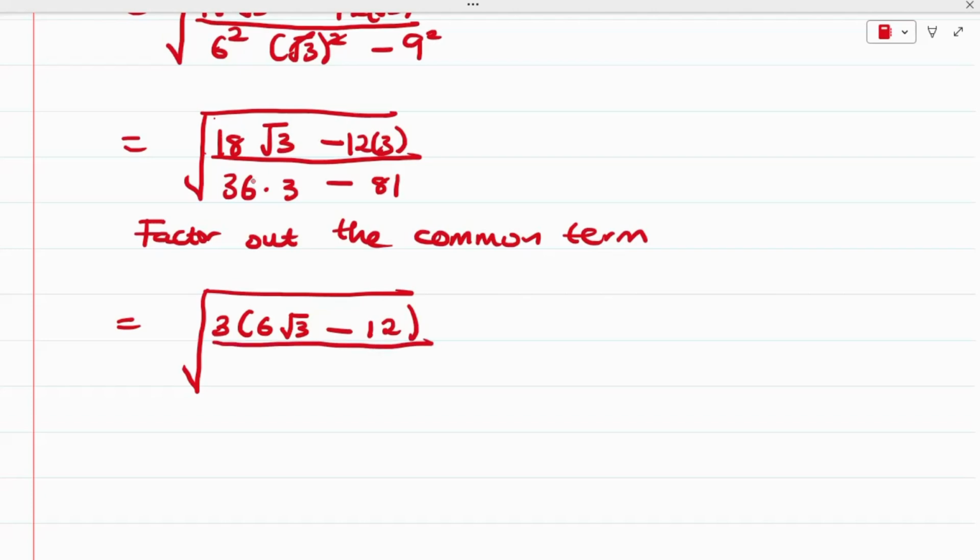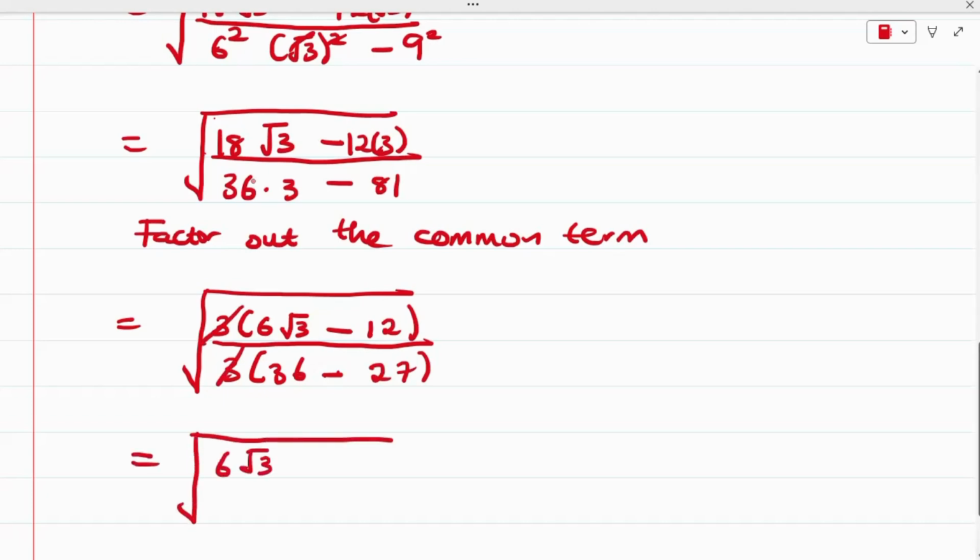Now for the denominator, 3 is also common. 36 minus, 3 is a factor of 81, so if you factor out 3 from 81, we have 27. So this 3 cancels out, and this is equal to the square root of 6 root 3 minus 12 divided by 36 minus 27.